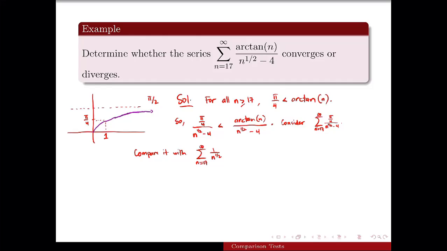Okay? This is divergent. Which is divergent? Because it's a p series with p equals 1/2, which is divergent. P series, p equals 1/2, less than 1.